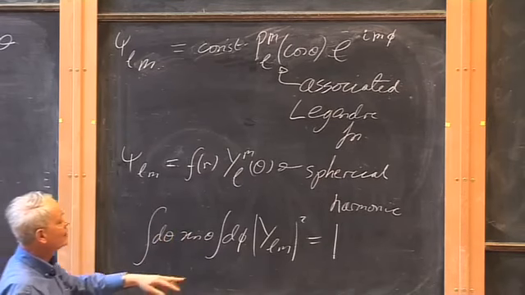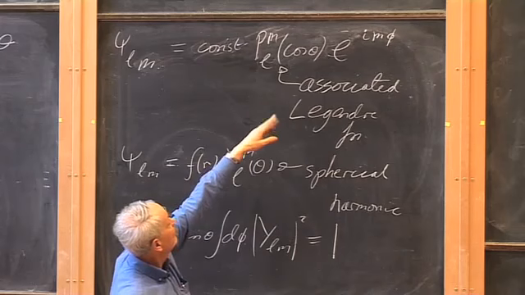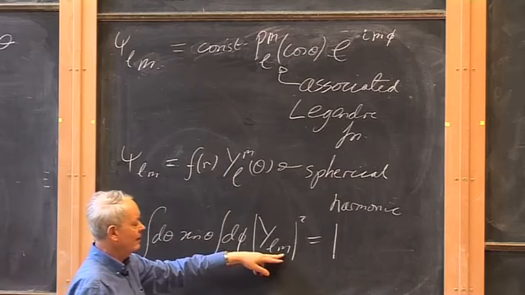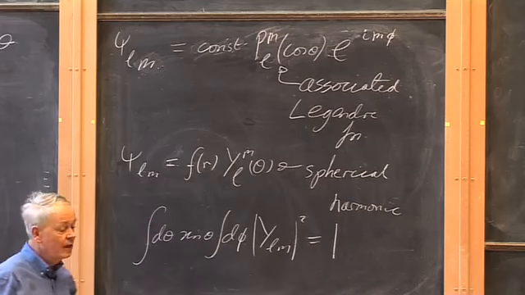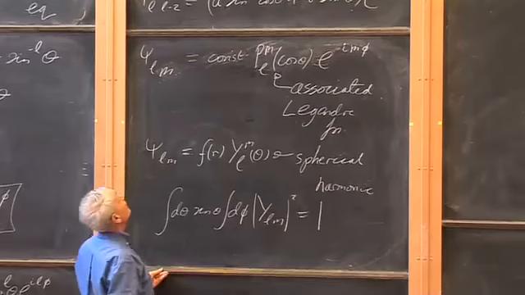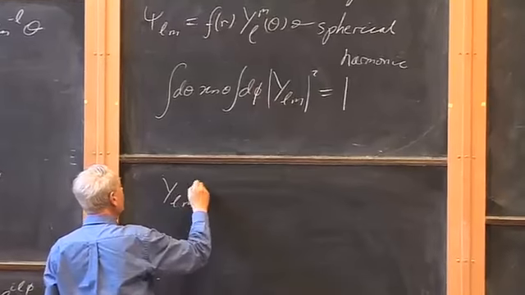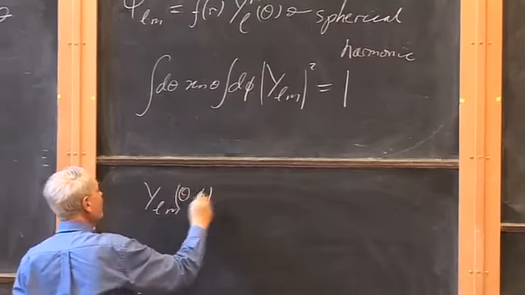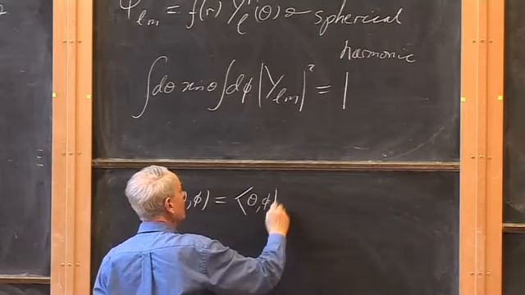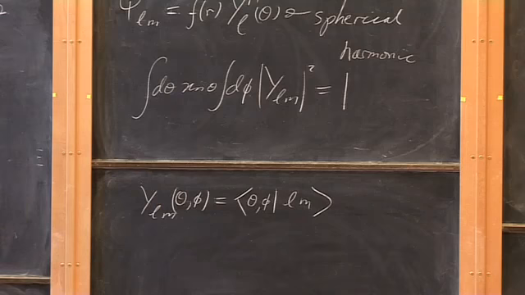The YLM's the thing to go on, but the YLM is actually one of these functions of cos theta times e to the I m phi. So it has a very simple phi dependence, this animal here. And now let's just summarize what we have. So these things, YLM theta and phi, are the wave functions belonging to states of well-defined orbital angular momentum.